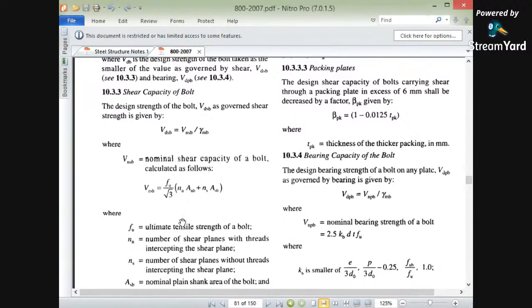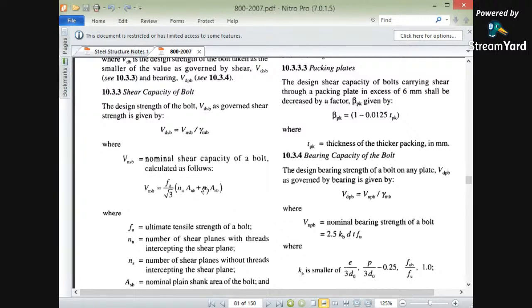Anb is the area of the threaded portion. What is ns? ns is the number of shear planes without threads. Again, what is Asb? Asb is the area of the bolt where there are no threads.